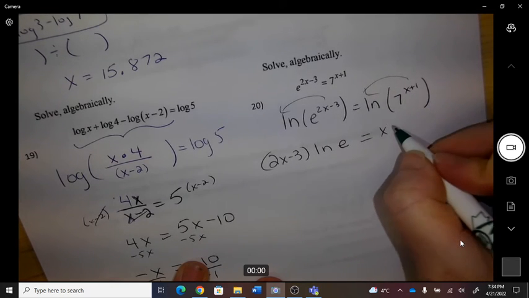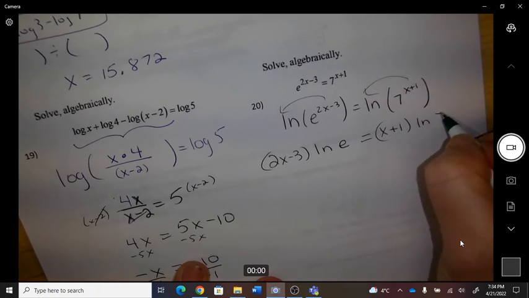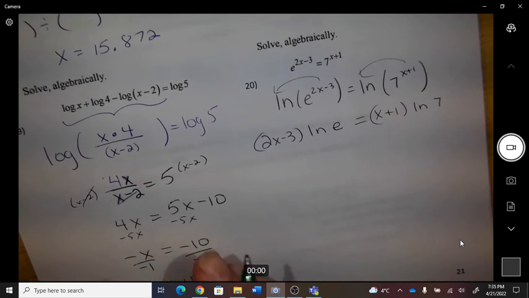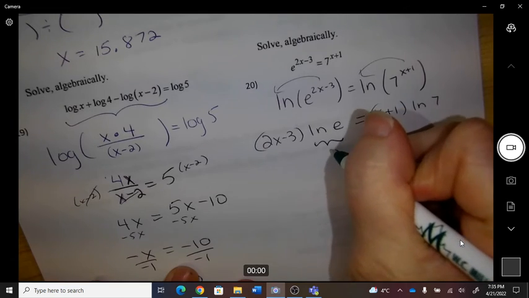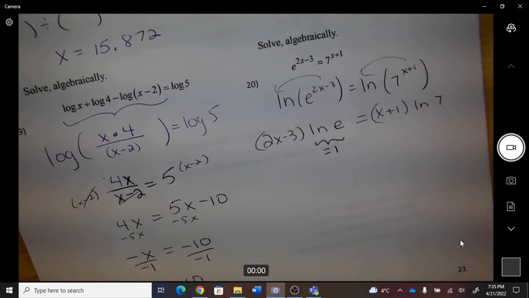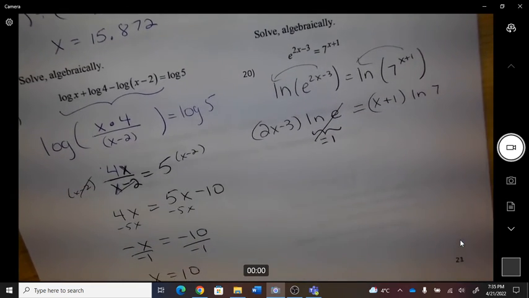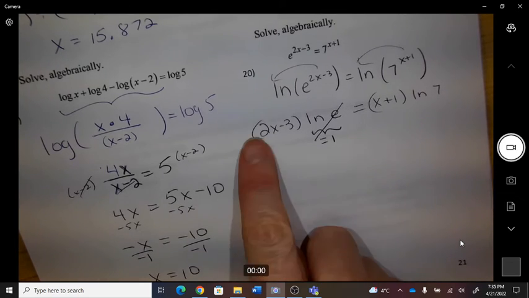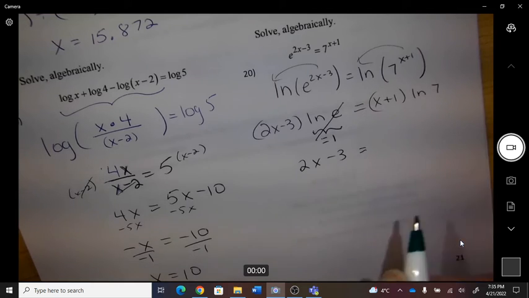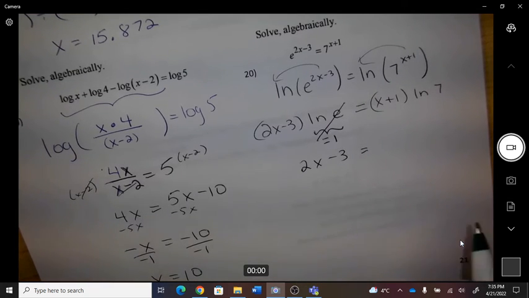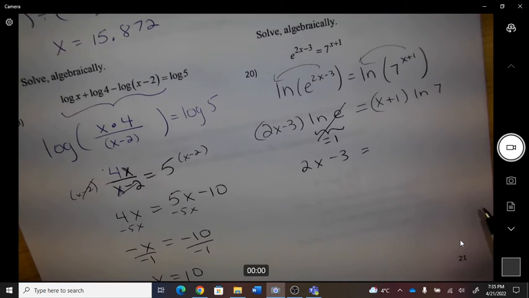So here's why it will help, because the ln of e is just 1. So I can just say it's crossed off, because if I times that by 1. Okay, and if you did the log, you're going to have to FOIL that out and everything, and that's fine too.